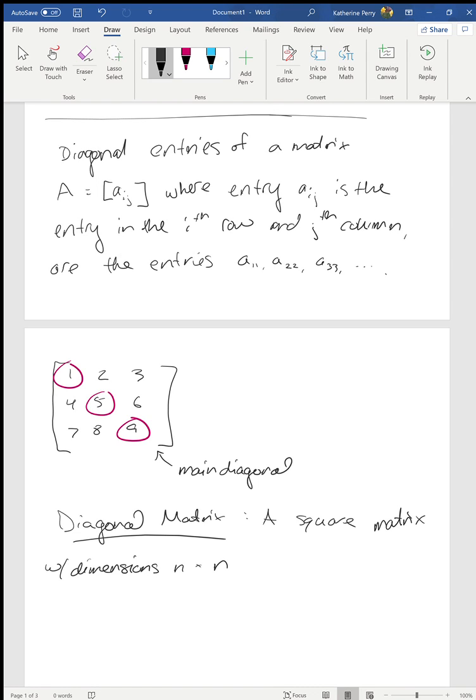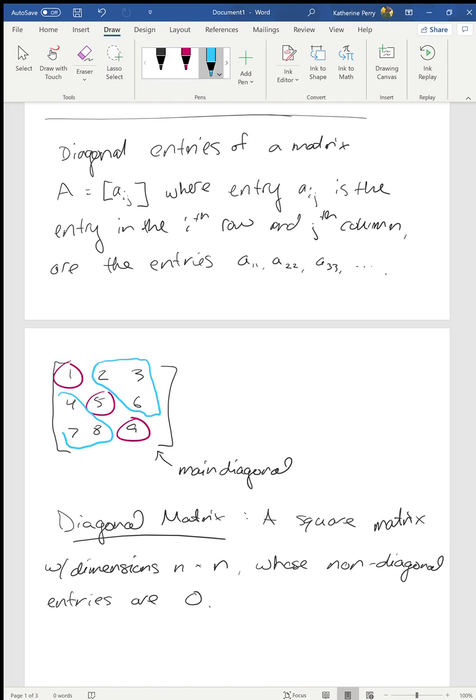And so a diagonal matrix is a square matrix with dimensions n by n, whose non-diagonal entries are 0. And by non-diagonal entry, I just mean something that's not on the diagonal. So in this above matrix, it would be the parts circled in blue. And so the matrix above is not a diagonal matrix because it has entries that are non-zero, that are not on the main diagonal.